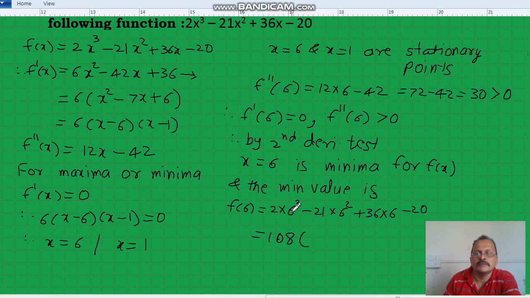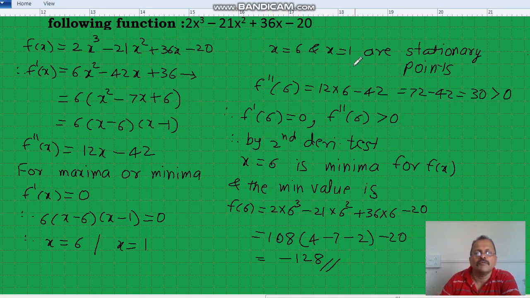Here 2 into 2 is 4 remains, here 7 remains, and here 2 remains, minus 20. 108 into minus 1 is minus 108, minus 128 is the minimum value of f(x).